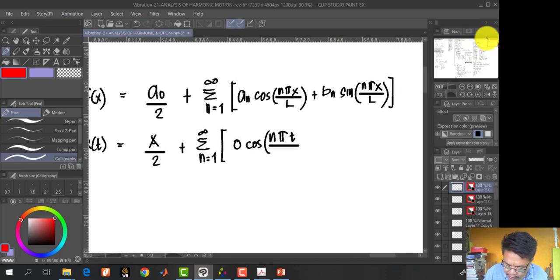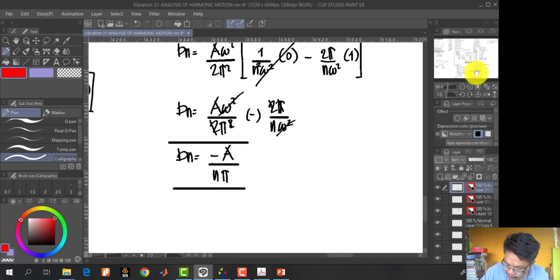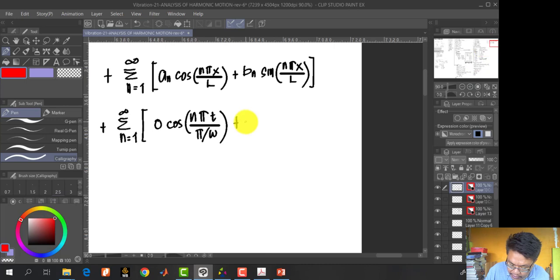So we substitute that, and this is pi over angular velocity. Then plus the b sub n, that will be negative amplitude over n pi. So we substitute that: negative amplitude all over n pi, for this n pi.